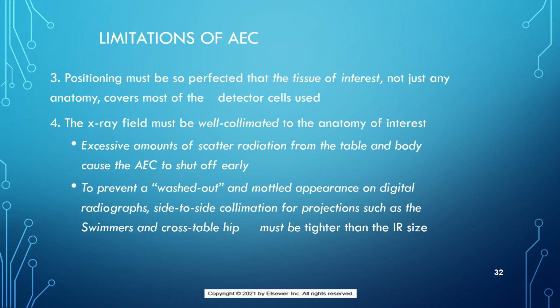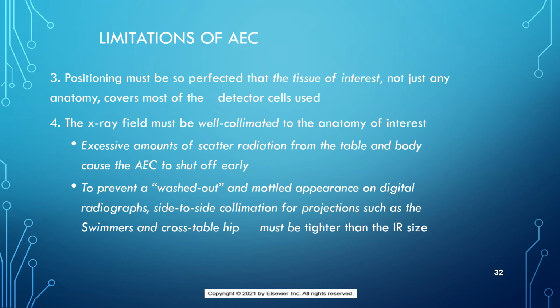The reason the swimmers doesn't look good, most of the time you see it in clinical education, is because the techs don't collimate it. You don't shoot a 14 by 17 exposure field or a 17 by 17 exposure field for a swimmer's projection. At the very least, you collimate anterior to posterior.